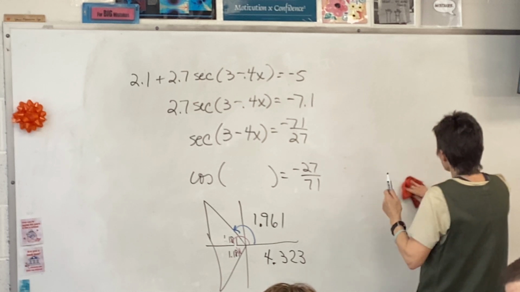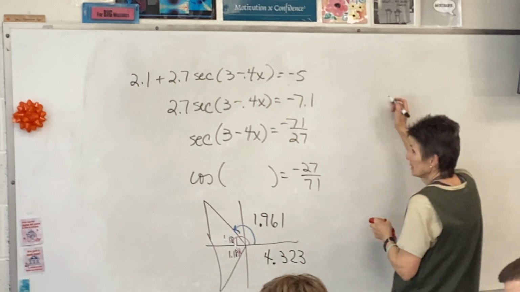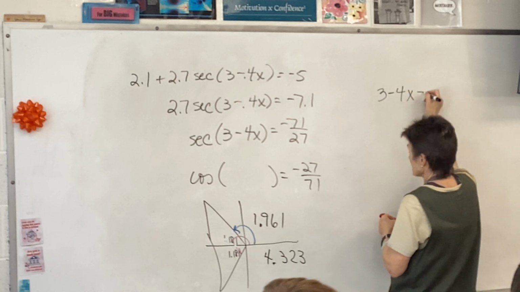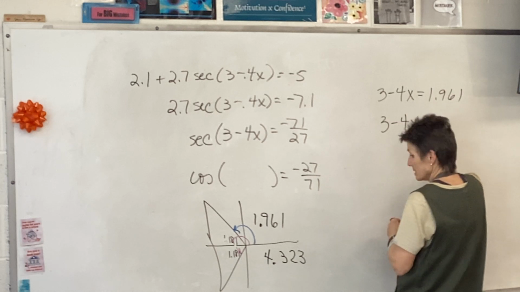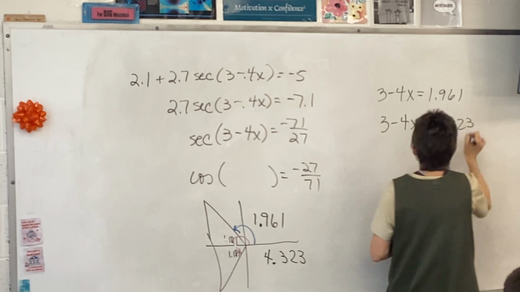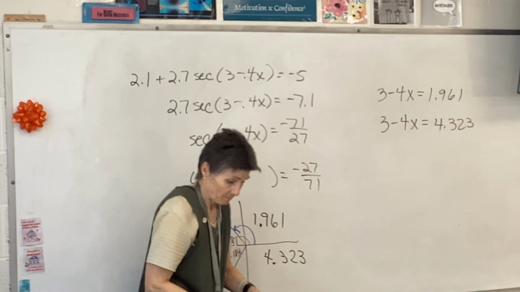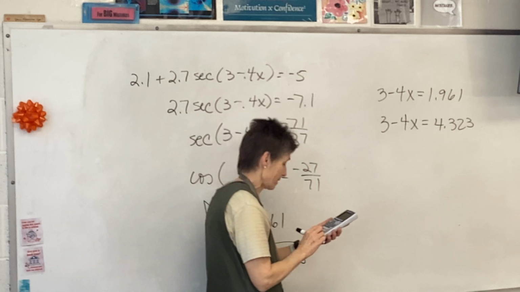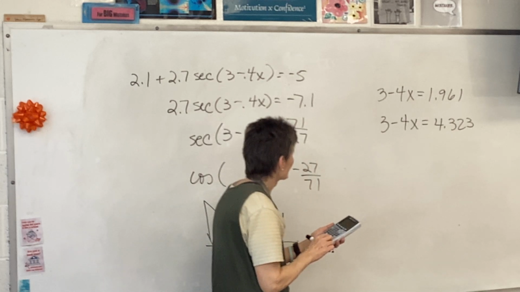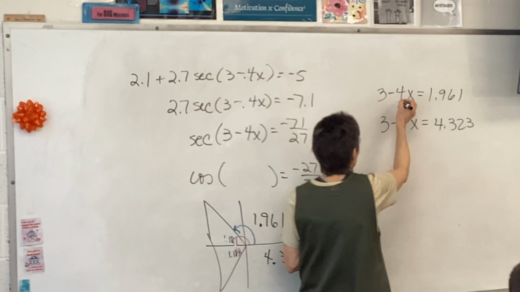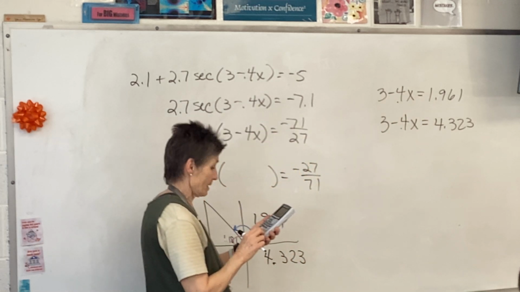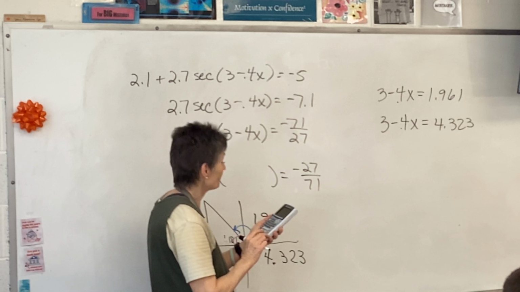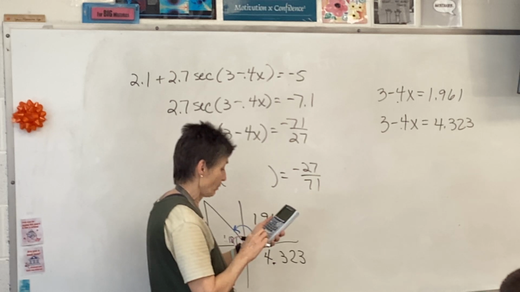Remember, you are solving for x. So 3 minus 4x equals 1.961, and 3 minus 4x equals 4.323. All right, so let's see who gets the answers out of this. Is it 24? Okay, 1.9 dividing.